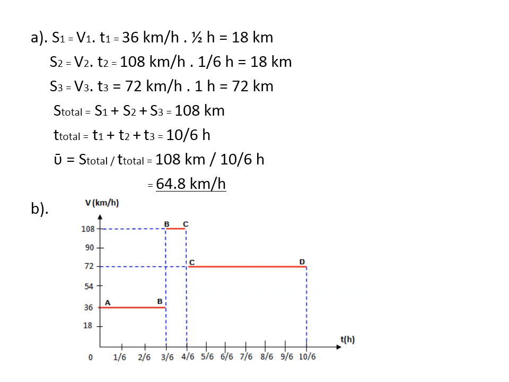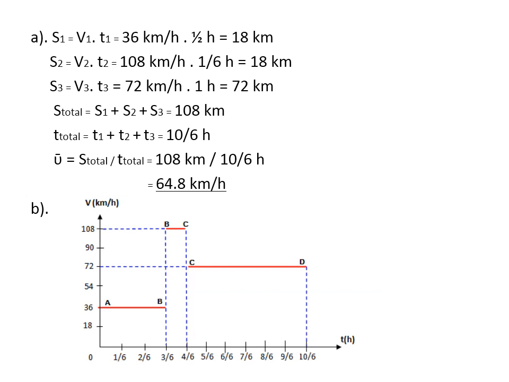The car moved from A to B between the time interval 0 hour and 3/6 hour with a constant speed of 36 km per hour. And the car moved from B to C in the time interval between 3/6 hour and 4/6 hour with a constant speed of 108 km per hour.